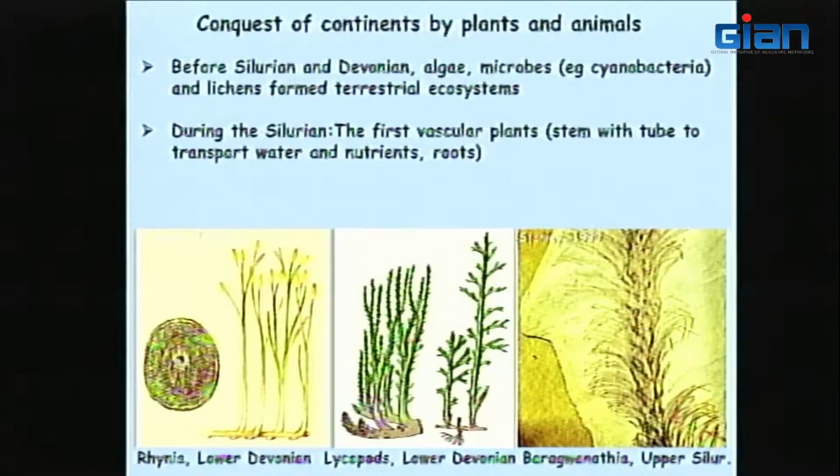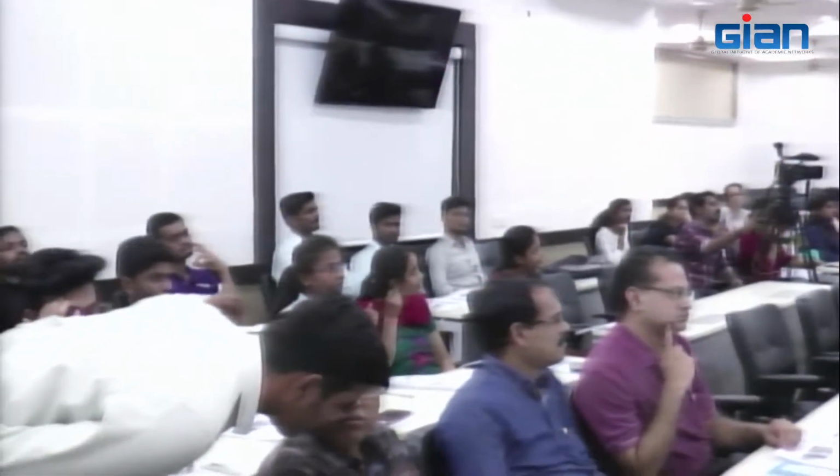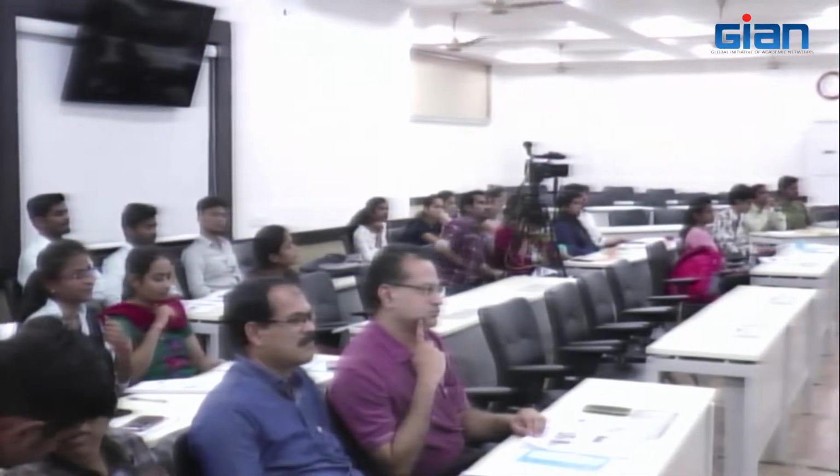Another thing which is very important, and probably more important, as I said, is the conquest of the continent by plants and animals. If you go onto the continent before, let's say, during the Cambrian, Ordovician and partly Silurian, probably you have lichens, microbes, algae, which were formed in the terrestrial environment.